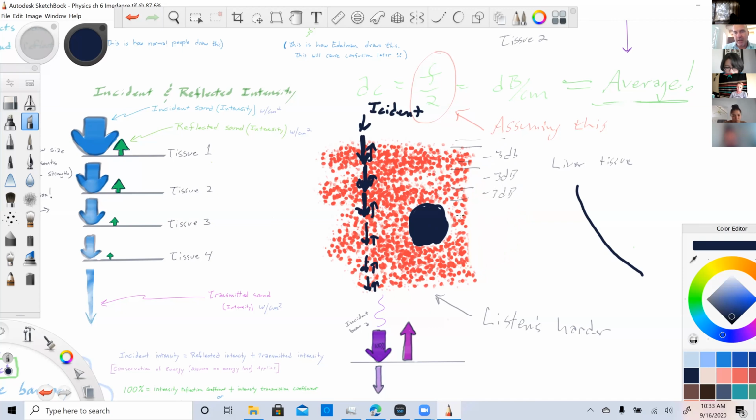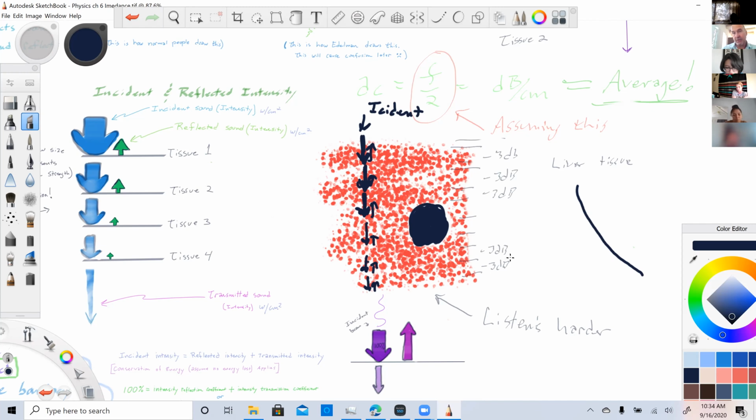And then we get to the cyst, and let's say there's 2 centimeters. Well, actually, let me start right down here again. Negative 3 dB, negative 3 dB. So the tissue is acting as expected. Every centimeter that goes by, we're losing half the energy, half the intensity of the beam, 3 decibels.